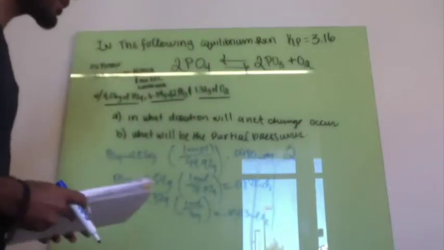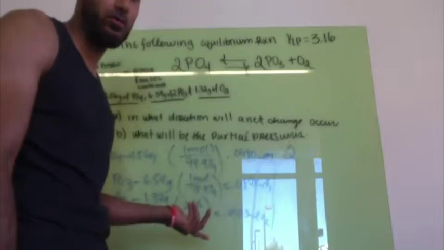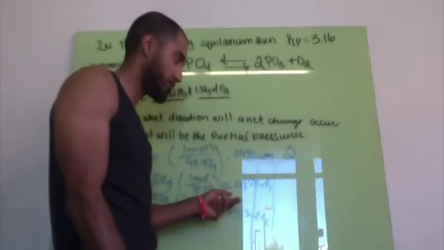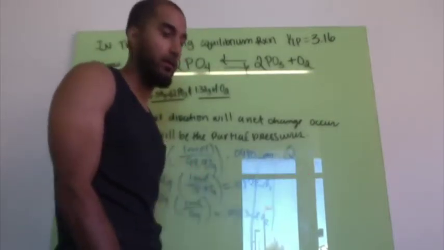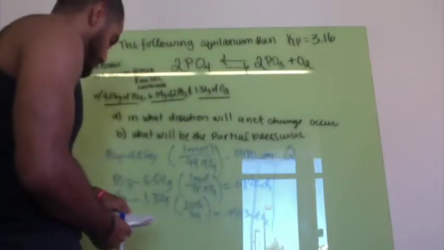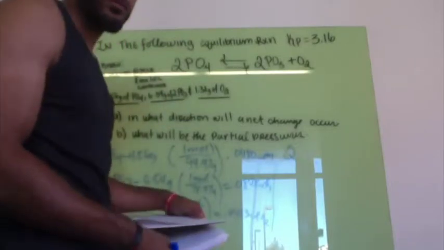Now, if this was a regular chemical equilibrium problem, we would just use the concentrations and plug them into the Q. But here we have a pressure problem.